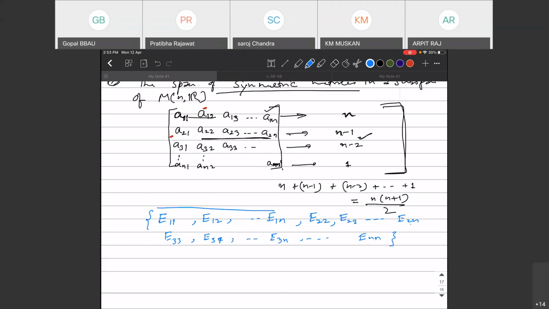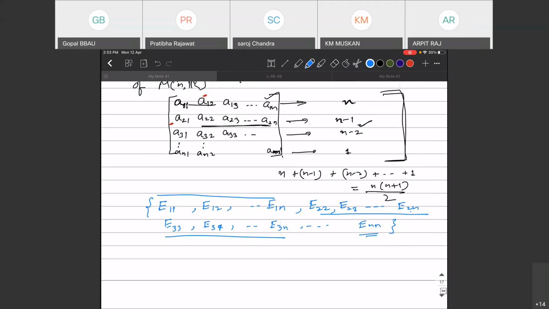First n, then n minus 1, then n minus 2, at the end 1. So the total number of elements in this basis is n into n plus 1 by 2.